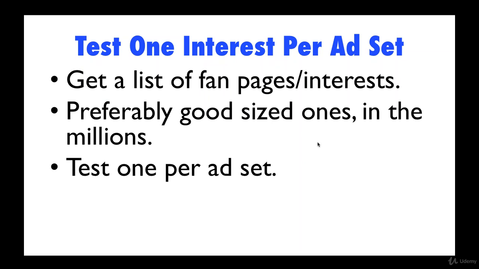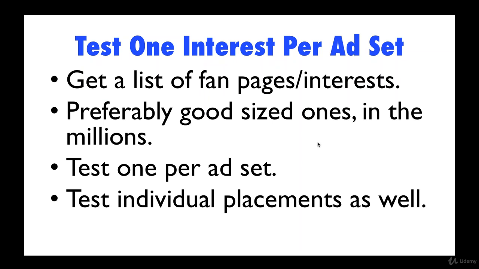And then just test one interest per ad set, okay? And you can test individual placements as well, right? So you can test, let's say your interest is Mattress Firm, right? Where you can test Mattress Firm on mobile, Mattress Firm on desktop, and Mattress Firm on Instagram if you want, okay? So you can mix and match which interest and which placements perform the best.